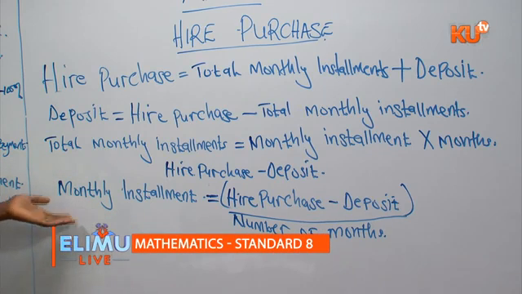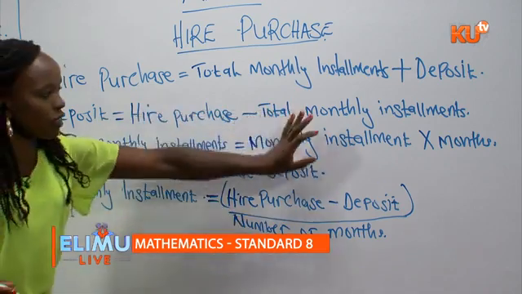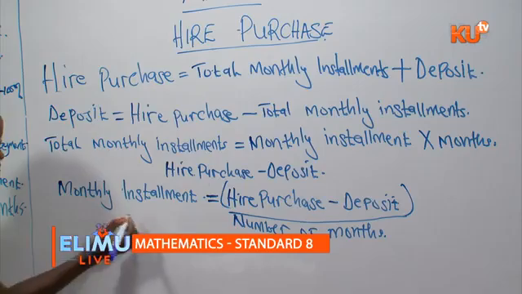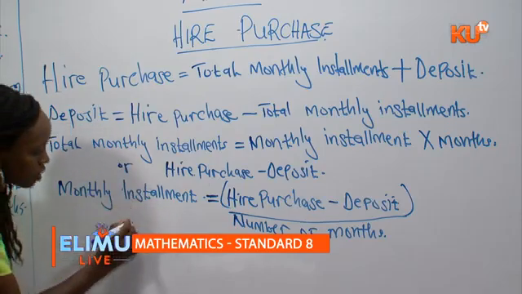So this is one way of getting the monthly installment. You can also use another option.